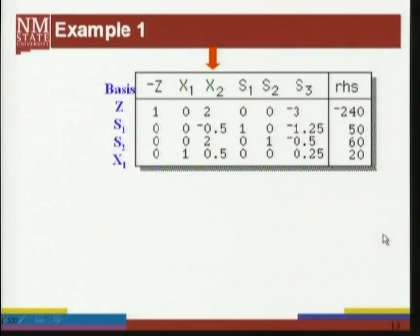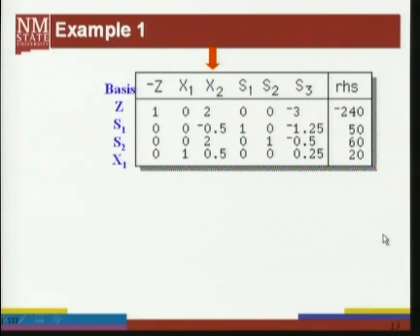And if you look at the relative profit, that is the coefficient of the objective function row, we can see that the current basic solution is still not optimal. Because there is a positive value of relative profit, which means that the objective function may be increased further by increasing x2. That is, now x2 should enter the basis.